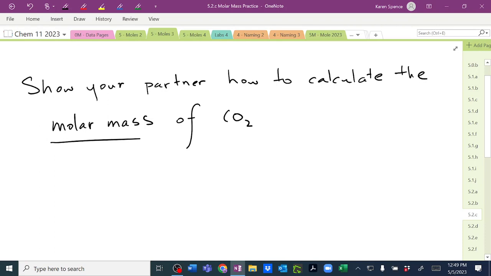You will probably want your periodic table. Let me know if you need to borrow one.